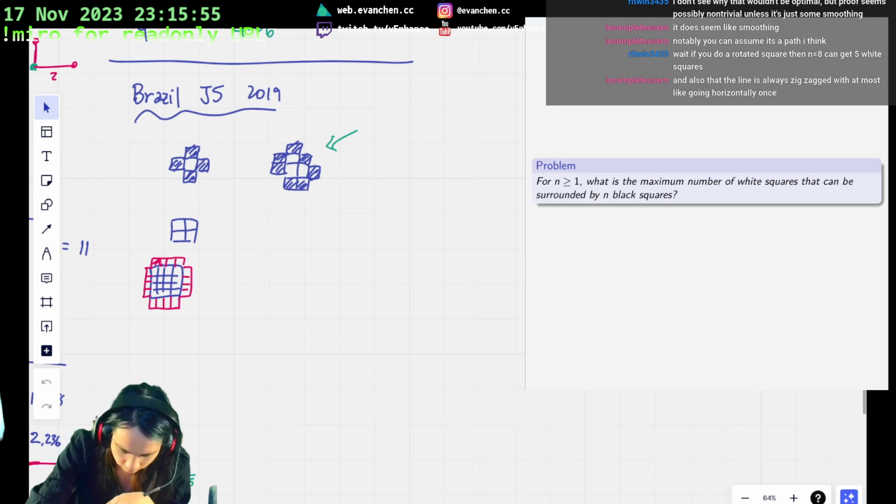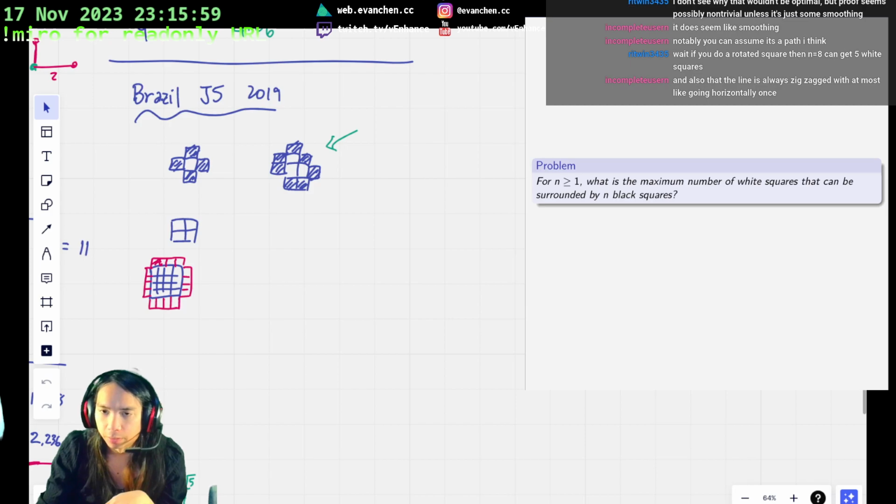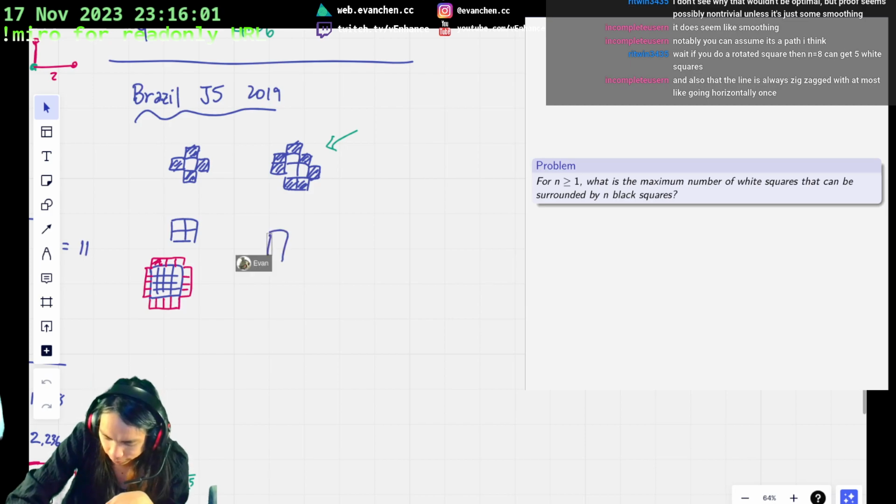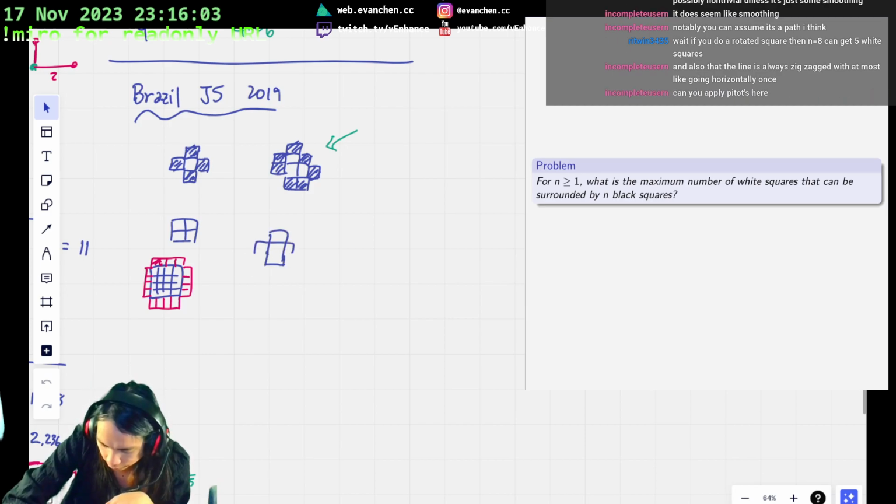Yeah. Oh, 5 is actually better than. Oh yeah, there we go. So for n equals 8, it's actually 5. The idea is to do a plus shape.